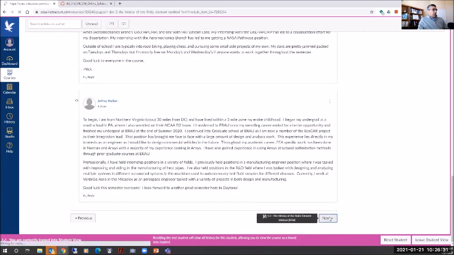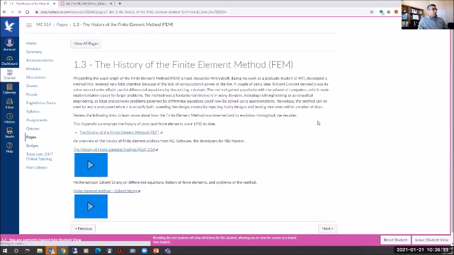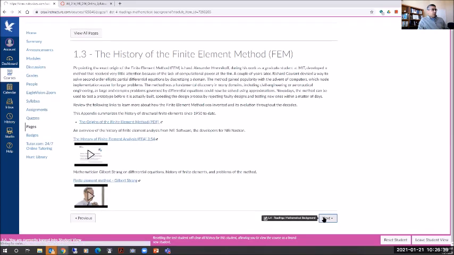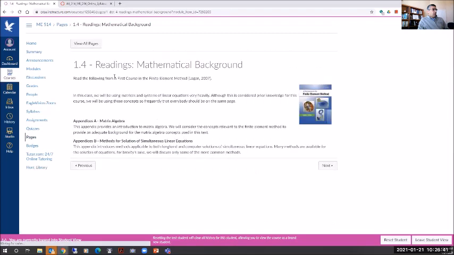If I click next, you have a little bit of a history of the finite element method. And then you have the reading of the mathematical background. This reading is out of your textbook, appendices A and B, A for matrix algebra and B for methods for solution of simultaneous linear equations.